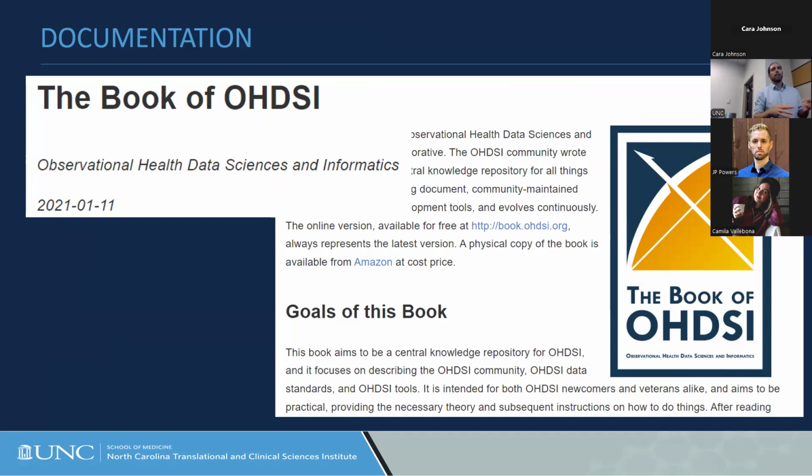So the data model, how you engage with the data model, best practices, especially aspects on the domains, the different tables within the common data model, the composition of those tables and what data is in them. There's some amount of focus on the vocabulary.